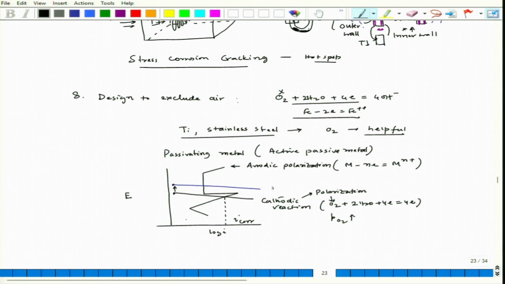So, this is the second level of polarization after having a higher partial pressure of oxygen. When that polarization happens, it cuts the active-passive metal in the active zone, and then my corrosion current density would be I corr here. So, let us say this is second, this is 1.